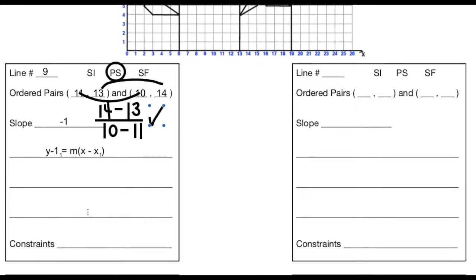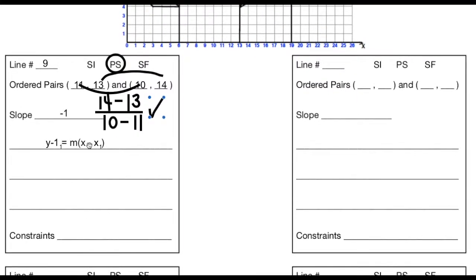For the point-slope format, it's y minus y sub 1 equals m times the quantity x minus x sub 1. So I'm just going to copy and paste this, and I'm going to type this in for you. Y minus y sub 1 means that I use one of my y values from one of my ordered pairs, so I'm going to use the 13.